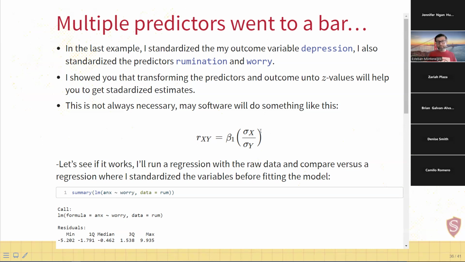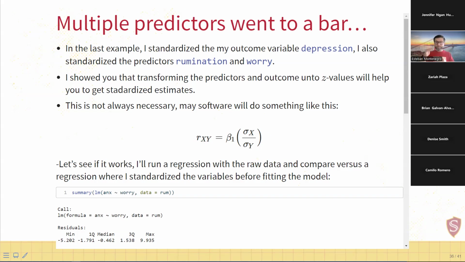R doesn't do it for you by default. And I love that. You might be thinking, why? Well, because in many applications I don't need to standardize anything, because I want to interpret everything in the metric that it was measured. Sometimes I need it, depending on the aim of the analysis.